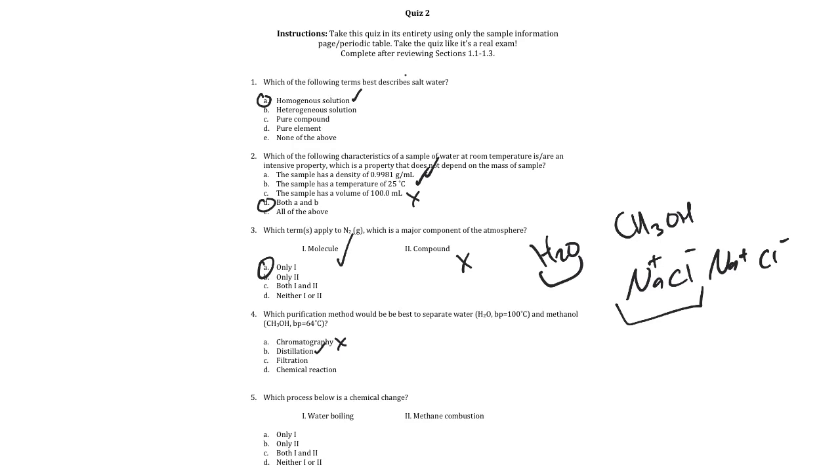Filtration is a great way to separate a solid from a liquid. So if we had a heterogeneous mixture of a solid and a liquid, if we had some sort of salt that's insoluble in water, we could separate it from the water just by simply filtering. This chemical reaction is mentioned a little bit within this chapter, but this would not really be a good idea for water and methanol because we could easily use distillation to separate them.